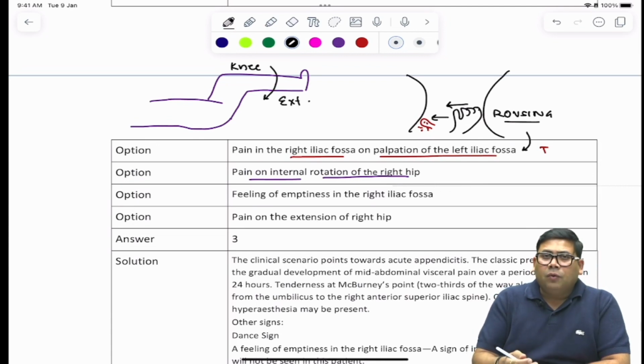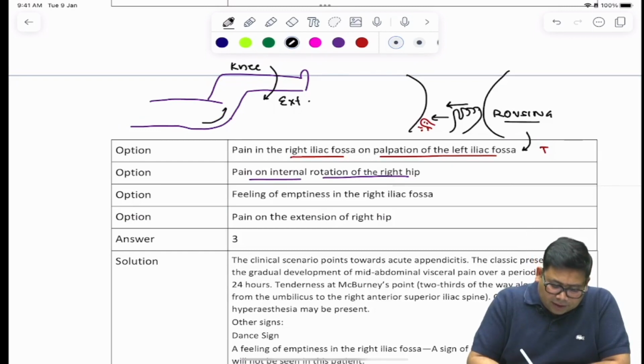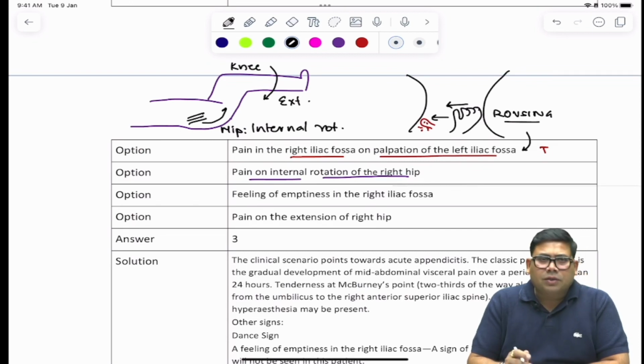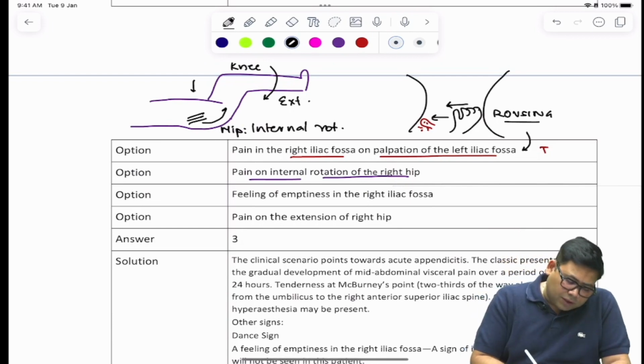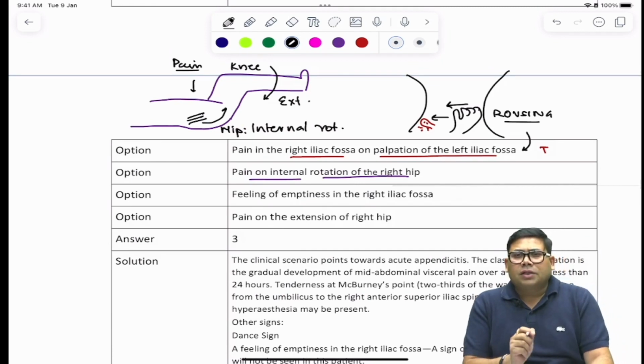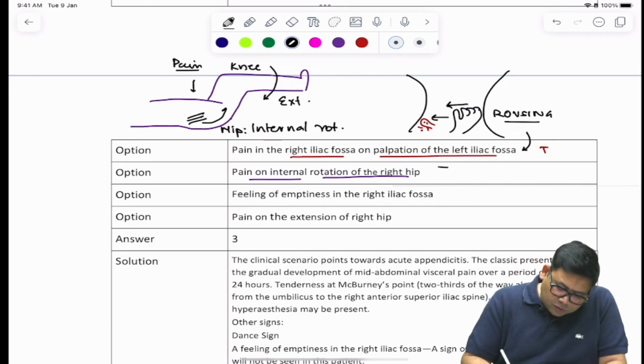Why? Because when you externally rotate the knee, at the level of hip there is internal rotation, and when there is internal rotation at the level of hip, the obturator nerve comes in contact with the inflamed appendix, and therefore there is pain over the hypogastrium. So this is very important, and this is also true.